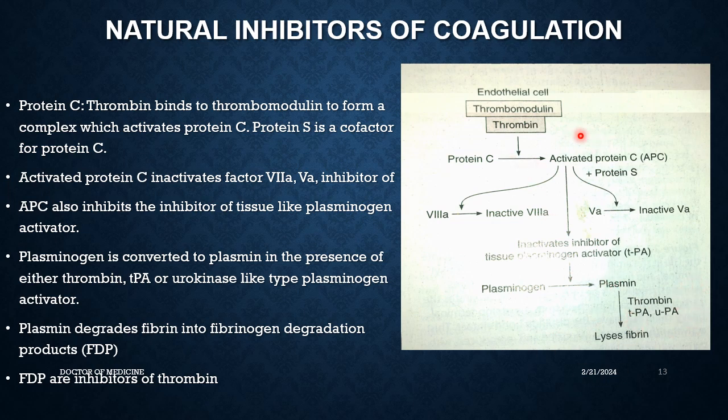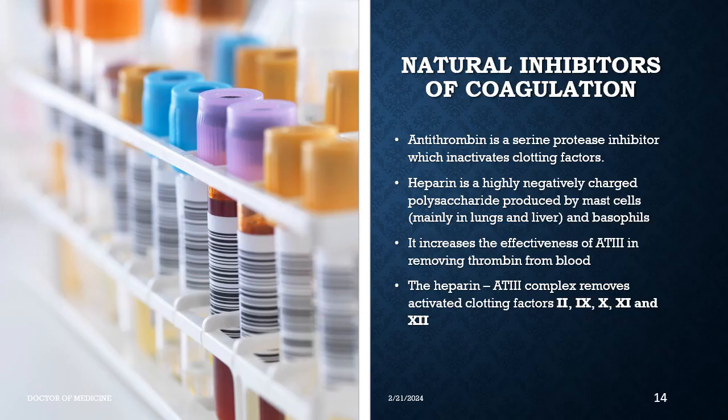Okay, so another natural pathway involves antithrombin. Antithrombin is a protease inhibitor which inhibits clotting factors. We said antithrombin works together with its cofactor called heparin. Heparin is a natural anticoagulant. Okay, it is a cofactor to the inhibitor, which is antithrombin.